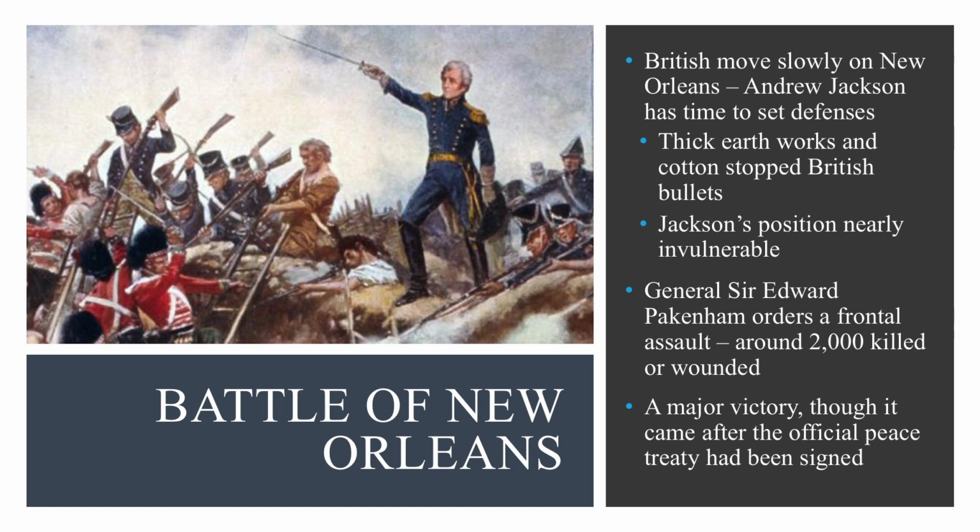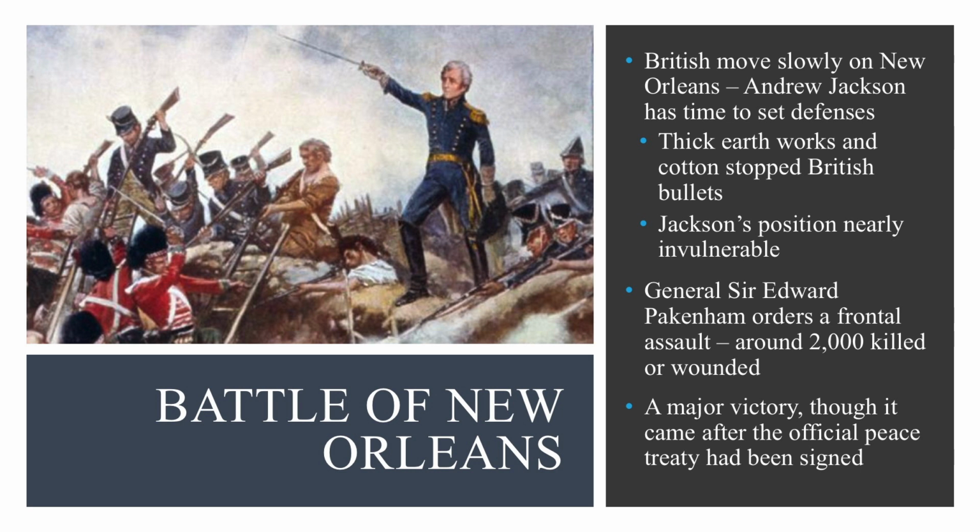When General Sir Edward Pakenham arrived, he ordered a frontal assault, and around 2,000 of his men were killed or wounded. The general looked down on Jackson and his men, which were a collection of militia, pirates, aristocrats, and free African Americans, as well as regular army. It was a major victory for the United States.